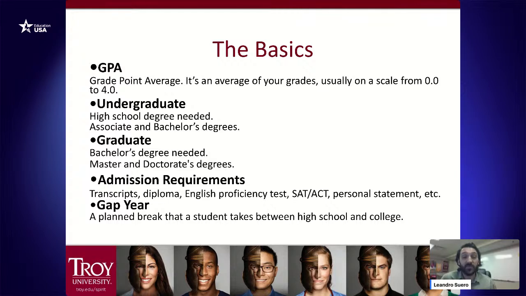Also, English proficiency test. A lot of universities will require you to have an English proficiency test. Rarely a university will accept an MOI. MOI means medium of instruction, which means that if you received your education in English, they may accept that. But in most cases, they will require you to submit an English proficiency test.